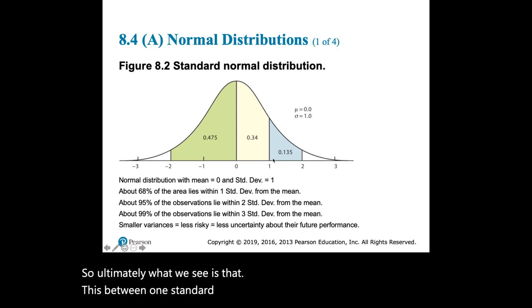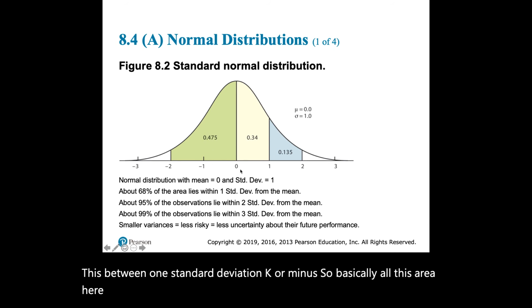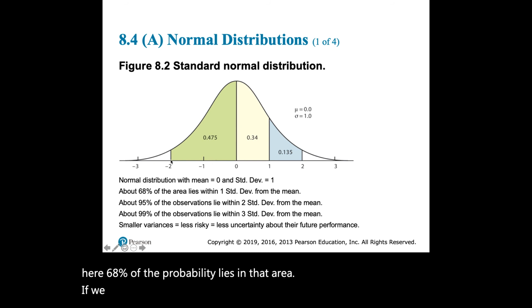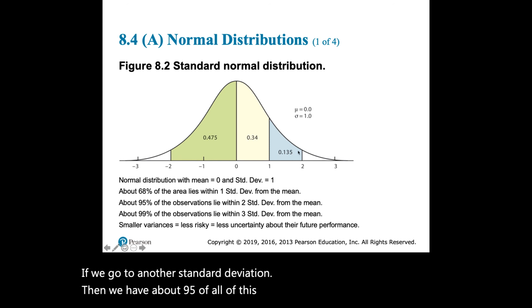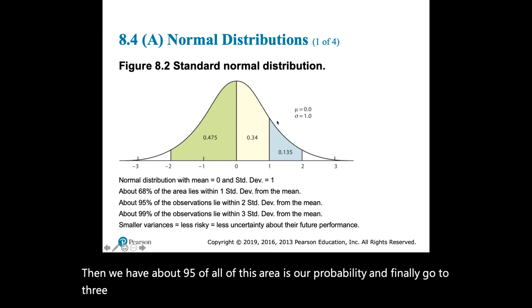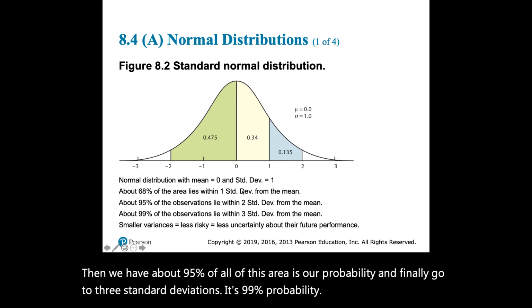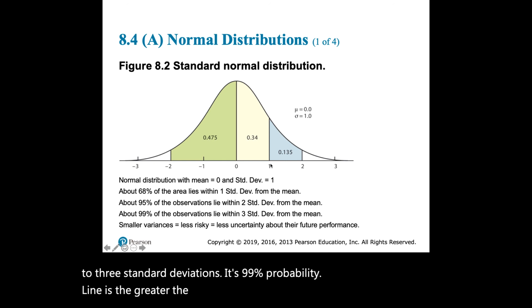If we go to two standard deviations, about 95% of this area is our probability. And finally, at 3 standard deviations, it's 99% probability. But bottom line is, the greater the standard deviation, the more risk, the more variance in the results. Whereas with a smaller standard deviation, we have less risky performance.